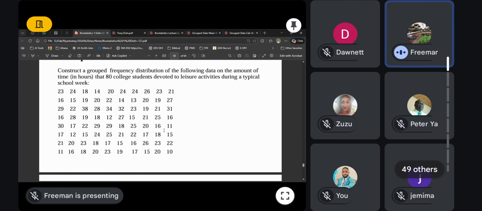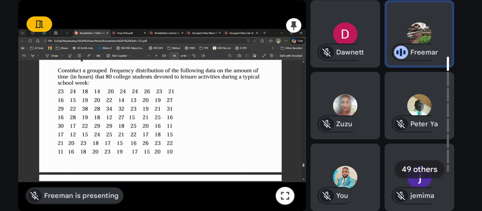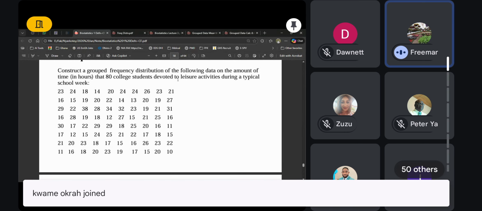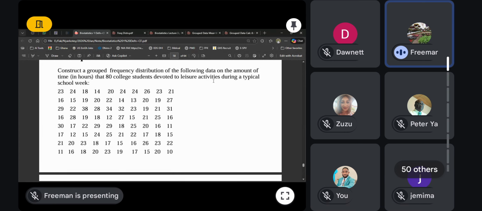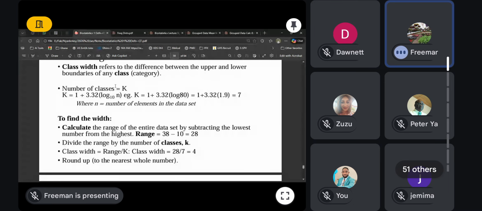That gives you 80. And it's even in the question here, 80 college students. So you have to construct a grouped frequency distribution of the data below, which is the amount of time in hours that 80 college students devoted to leisure activities during a typical school week. So your n here is 80.